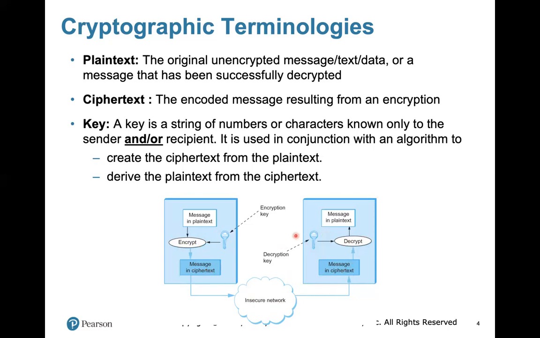I would say using the same key, not for all encryption algorithms, but for some of them, the encryption key and the decryption key are the same. And then we get the plain text or the original text. So the key is a string of numbers or characters which is being used both in encryption to get the ciphertext and to derive the plain text from the ciphertext.